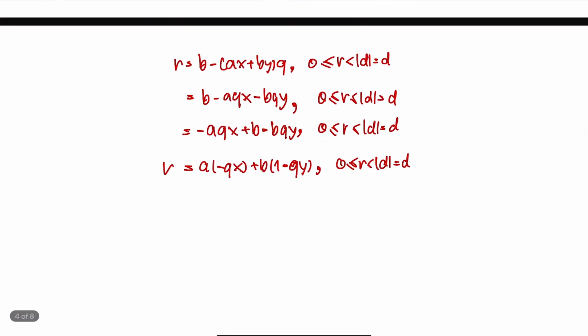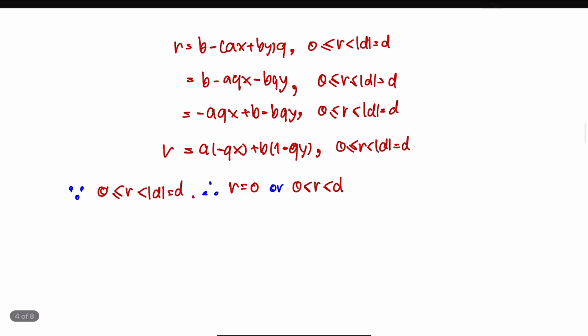Since we have that r is greater than or equal to 0 and less than absolute d, that means that r equals 0 or r is greater than 0 and less than d. But what happened?